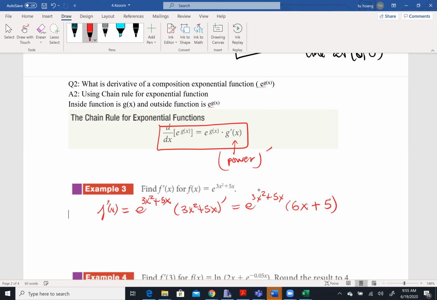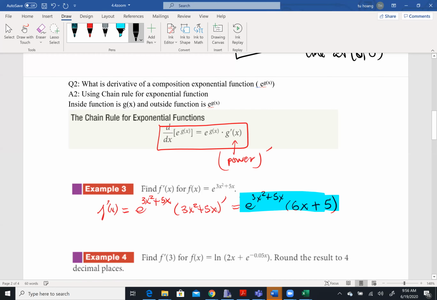A constant multiplied with an x has a derivative that is just the constant, right? So that is the answer for this question.